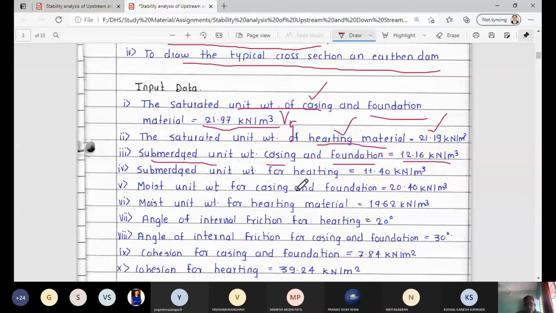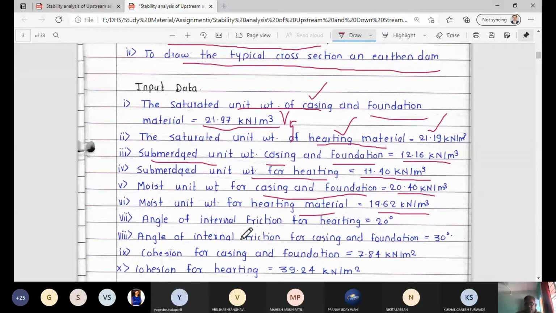The submerged unit weight for the earthing is given as 11.40 kilonewton per meter cube. Then the moist unit weight for the casing and the foundation is given as 20.4 kilonewton per meter cube, and the moist unit weight for the earthing material is 19.62 kilonewton per meter cube.